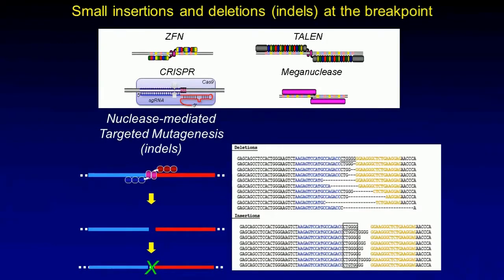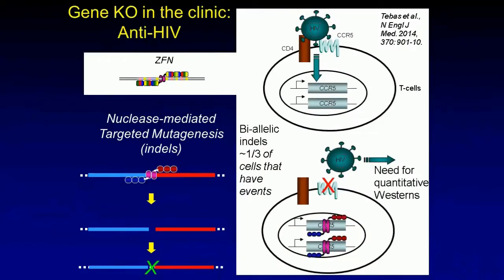But the mutations are a mixture of small insertions and deletions. On the right side of the slide, you can see some examples of deletions and insertions at the break point. And I think it's important to keep in mind that when people use this, for example, to knock out exons in genes in order to knock out the gene function, they're really getting a mixture of mutations at that site.